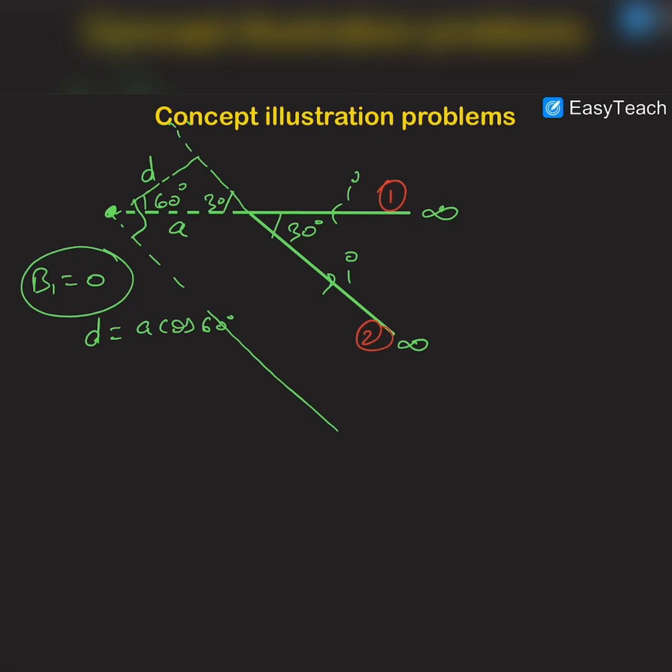Now B due to this wire will be equal to μ₀I by 4πD, which is A cos 60.